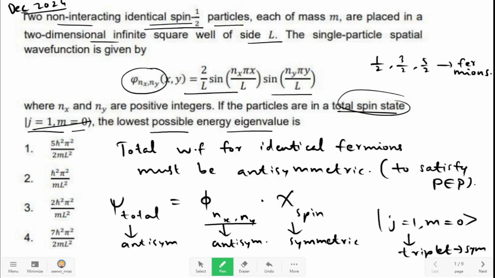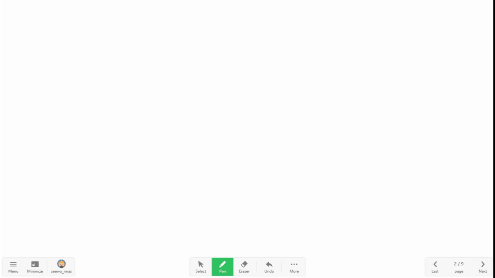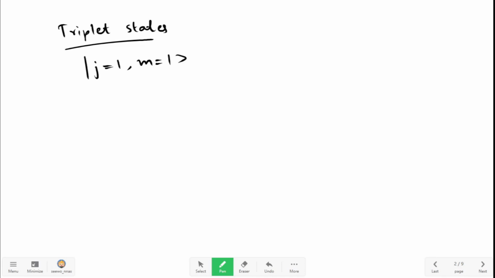In case you are new to the triplet state, I will give you a brief introduction. For two spin-half particles, they can have a triplet state or a singlet state. They can have three types of triplet states: j equal to 1, m equal to 1, or j equal to 1, m equal to 0, or j equal to 1, m equal to -1.